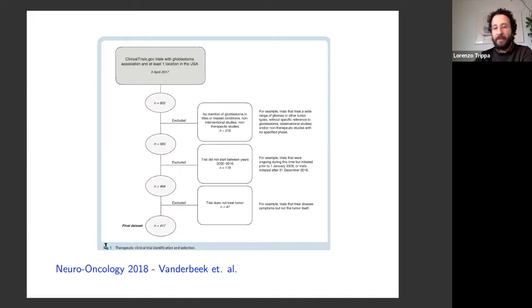We know the weaknesses of those studies. We tried to understand where they come from, what the key mechanisms are that bring bias, and whether we can answer the question of why we also have so many randomized phase 3 studies that failed in glioblastoma. So this is the meta-analysis.